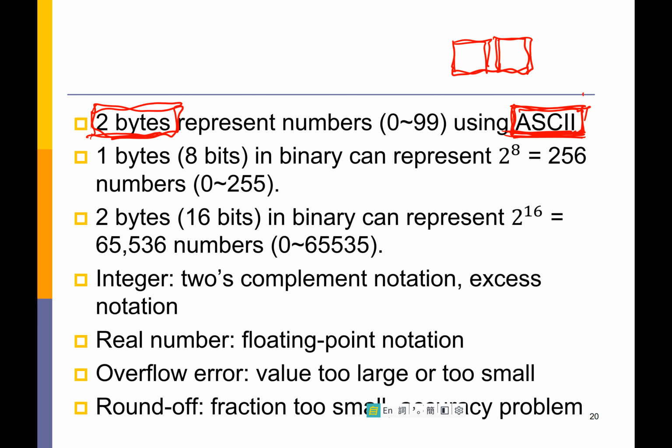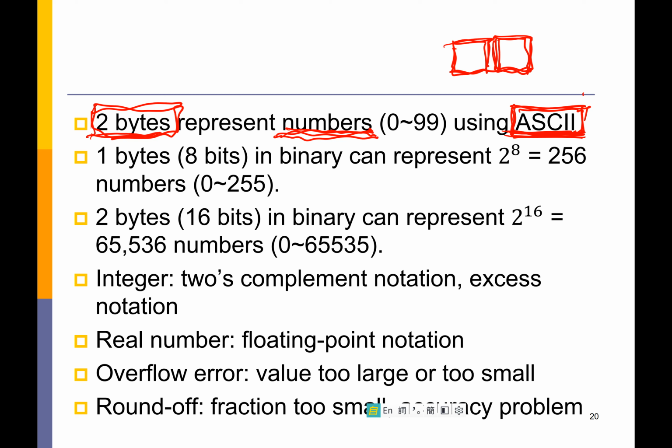Now, suppose you want to use 2 symbols, the first symbol and the second symbol, to represent a number. What's the smallest number you can represent?